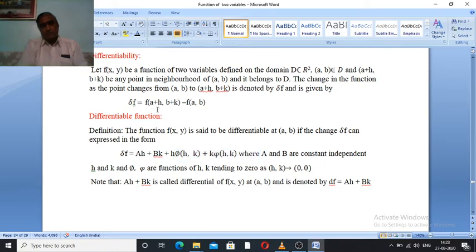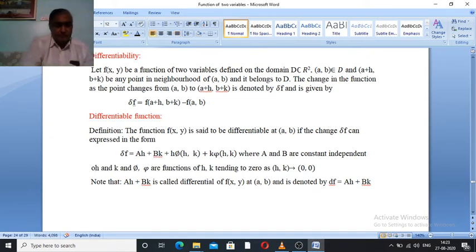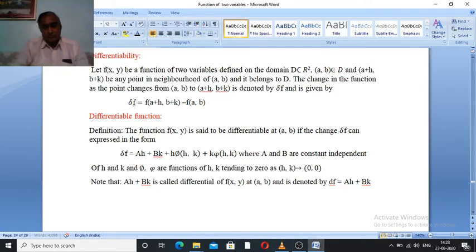This difference f(a+h, b+k) minus f(a,b) is equal to Ah plus Bk plus h phi(h,k) plus k psi(h,k), where A and B are constants independent of h and k.